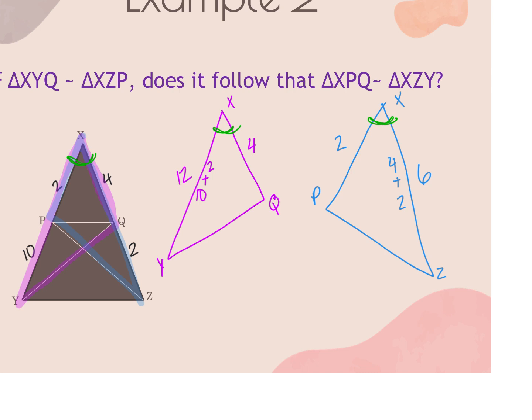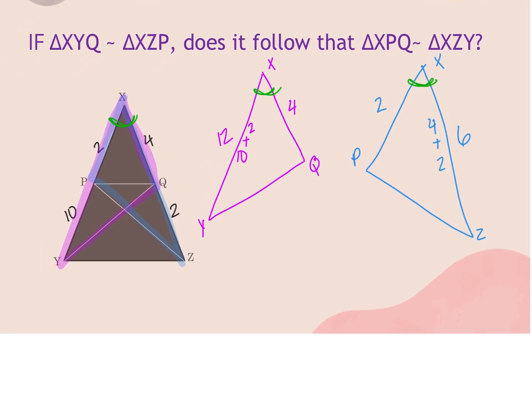Now I need to find, are my sides proportional? So looking at my sides, I'm going to have 2 over 4 and 6 over 12. 2 over 4 simplifies to 1 over 2, and then 6 over 12 simplifies to 1 over 2.